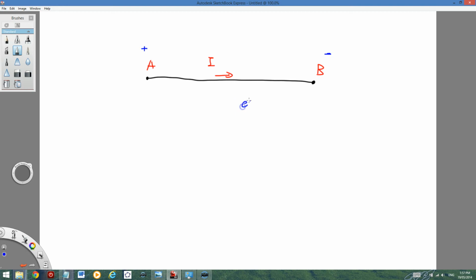However, the electrons move from the negative to the positive. Just remember, an electron has the opposite direction to the current. So this is a really important piece of information.